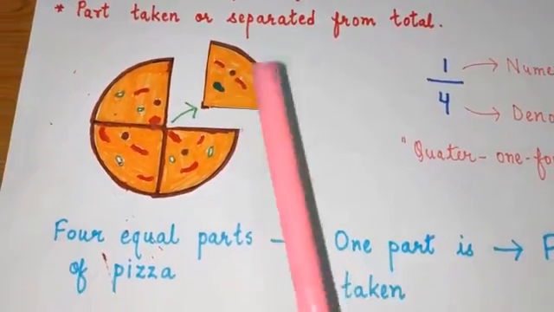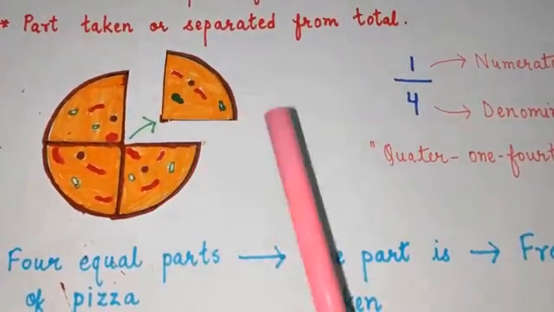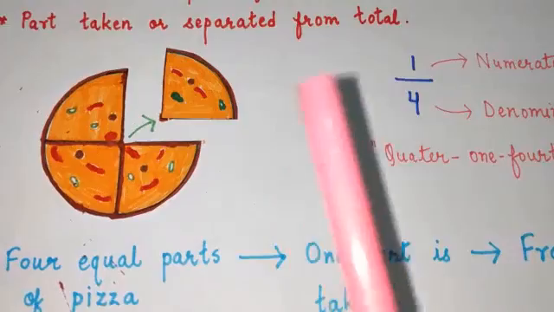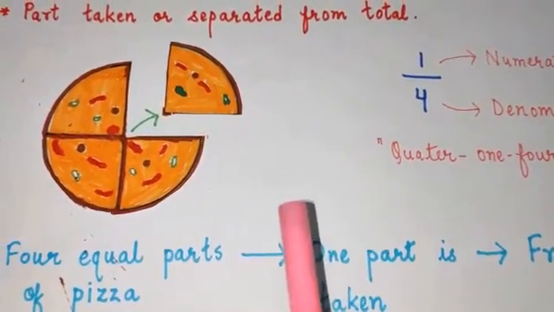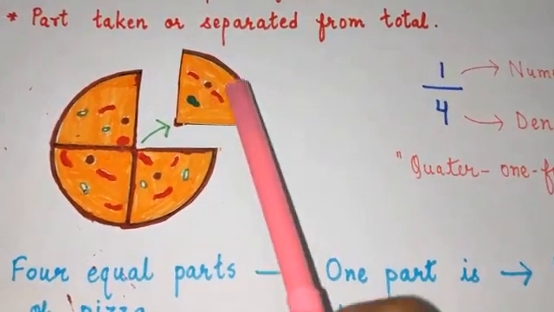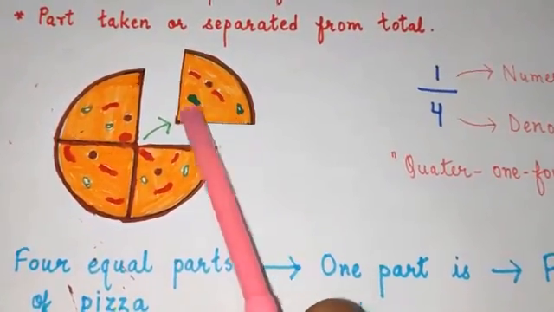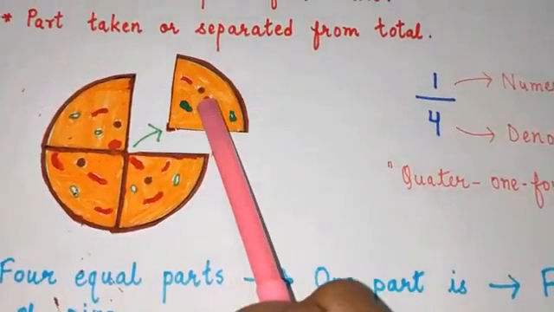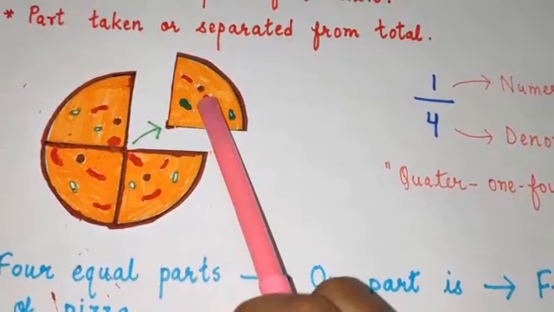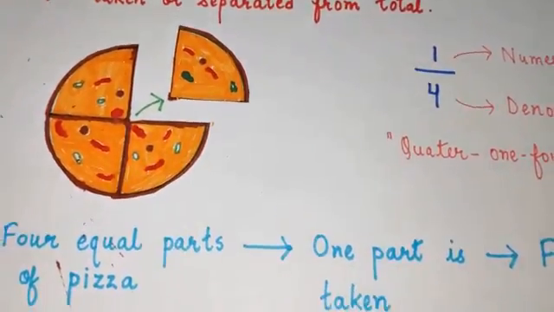So if anyone would ask, or you may ask, which fraction of the pizza I have eaten, I would answer that I ate 1 by 4 of this pizza. How many parts were there in total? 4 parts, and I ate 1 part from it. So the fraction would be 1 by 4.